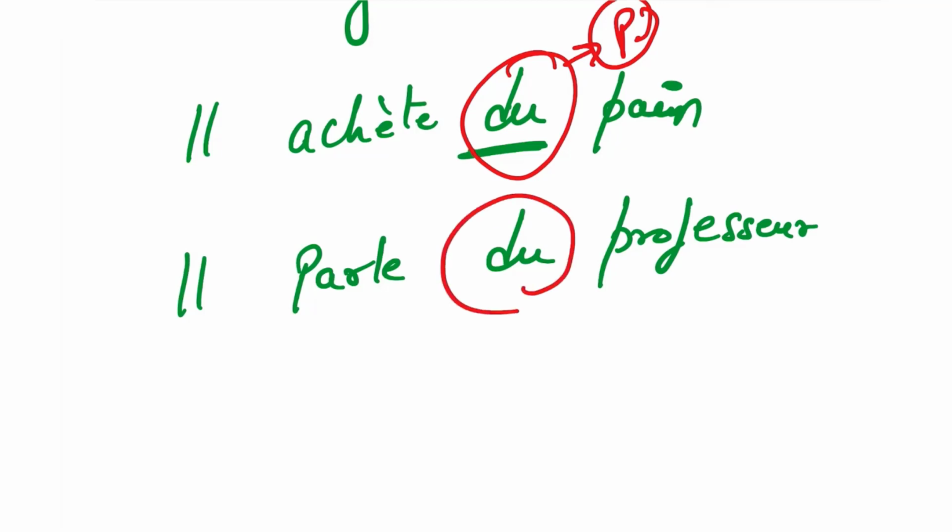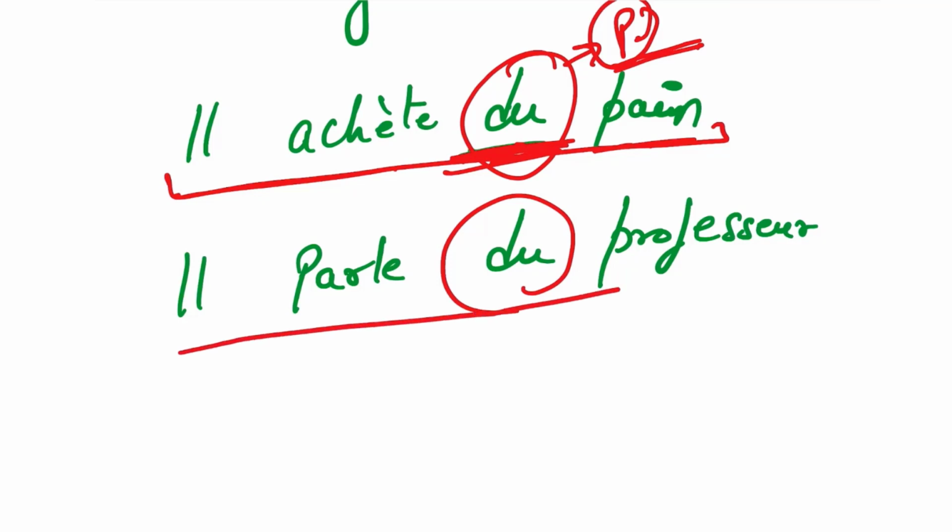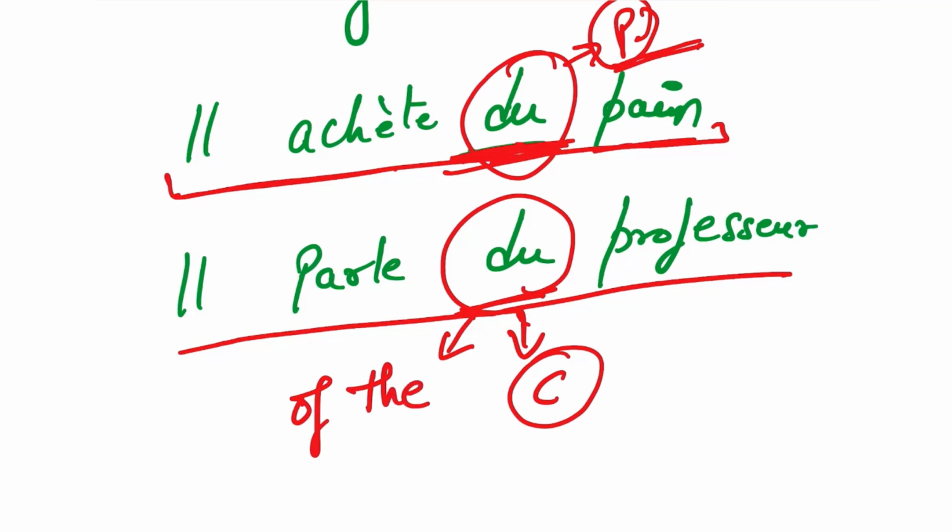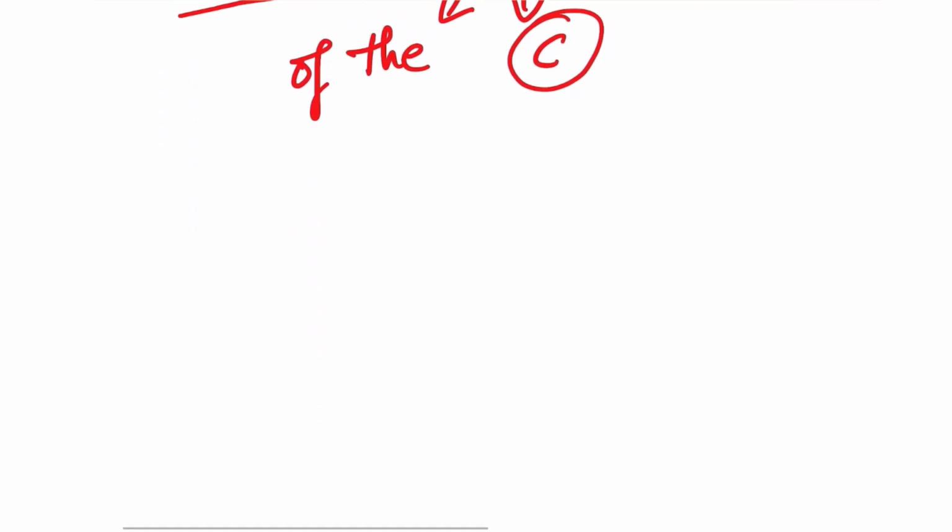This is also du, this is also du. But the first sentence is, he buys some bread. Now, this some is partitive. And here, he is speaking of the teacher, of the professor. Now, this is what? Contracted article. And the meaning is what? Of the. Here, du, the meaning is some. Got it?